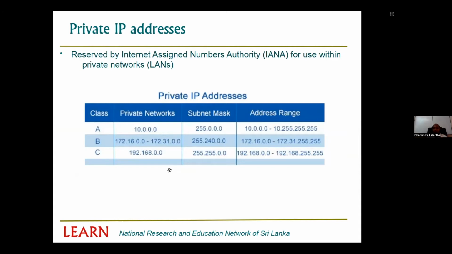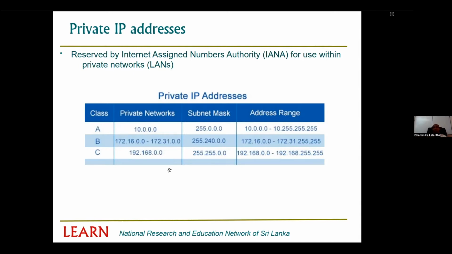Now, private IP addresses. You should already be using private IP addresses, because we are provided only a limited amount of public IP addresses, and they are not enough if you assign those public IP addresses directly to your users or servers.